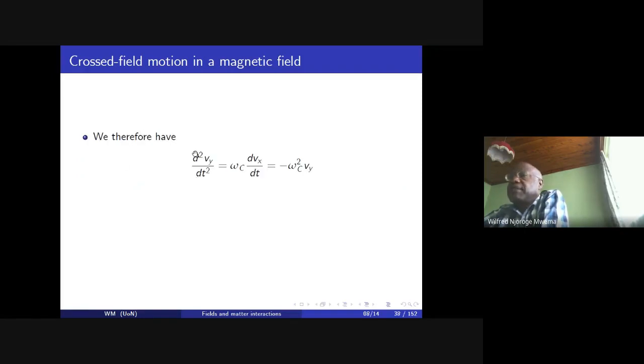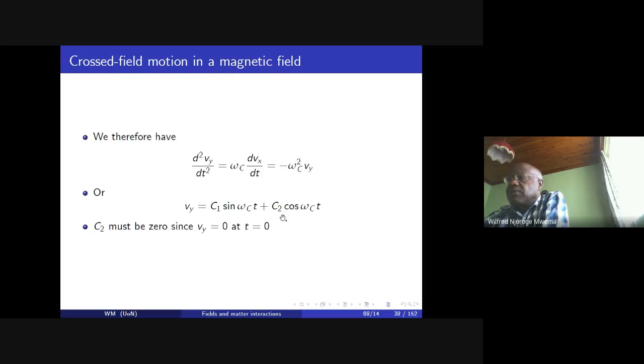And we therefore have that d2vy/dt squared is equal to omega c dvx/dt, and this we can see can be equated to minus omega c squared times the y component of the velocity. In other words, we can get a solution for the y component in that form, and we use the initial value condition, that is vy must be 0 at the origin at t equal to 0, and therefore it means that the cosine term here must go to 0 for us to have that equation valid.